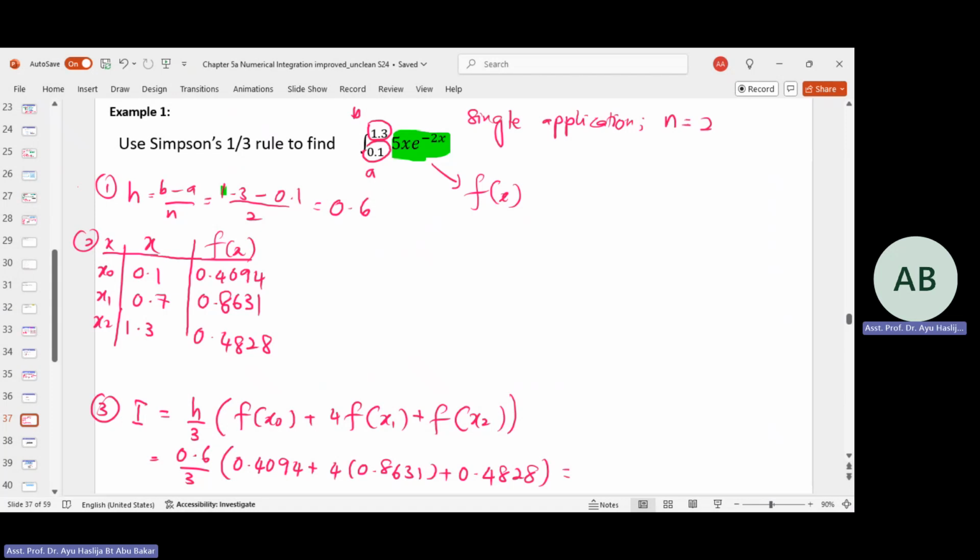Correct, 0.8689. Okay. Now find the true value.